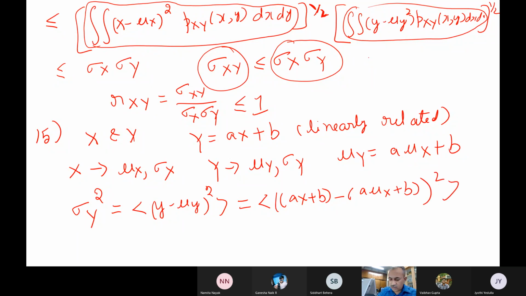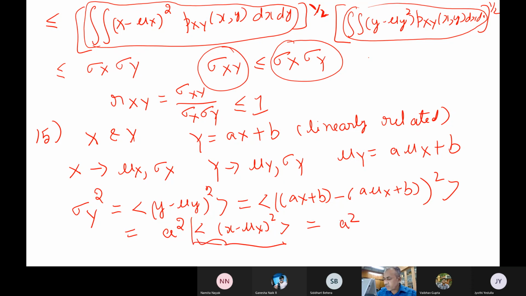So this b gets cancelled, and a square comes out, and (x minus mu_x) whole square stays inside. Now what is the expectation of (x minus mu_x) whole square? That is the same as what?